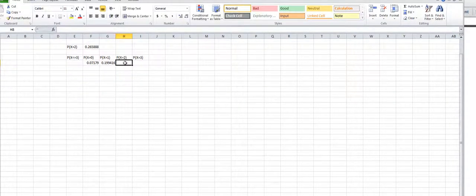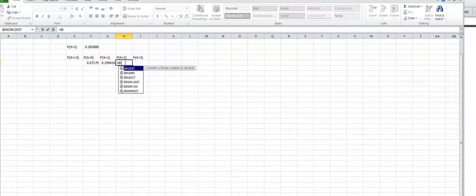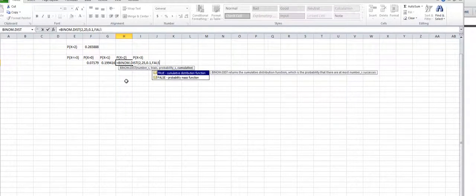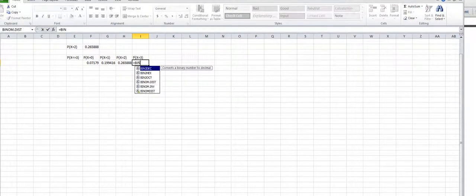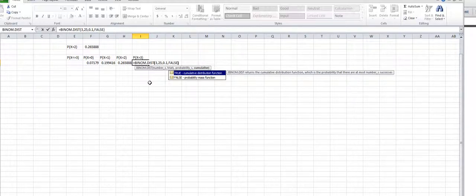And for x equal to 2, equal binomial dist, and 2, 25, 0.1, false. And equal the last one, binomial dist, and 3, 25, 0.1, false, close the parentheses.